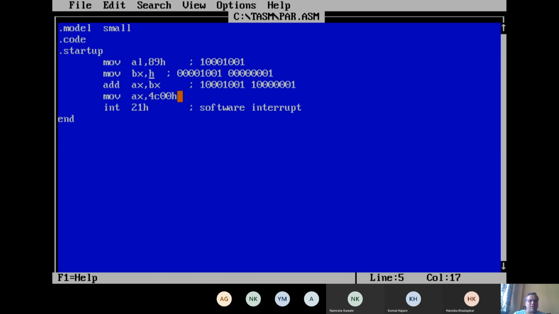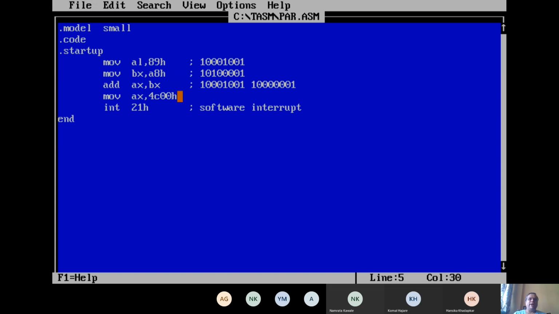Then I will take the second operand. Let's say the second operand I will take is A8H. Write in lowercase, uppercase is also supported. If I want this 8-bit number as the second operand, how to write A8 in binary? A means its binary pattern is 1010.